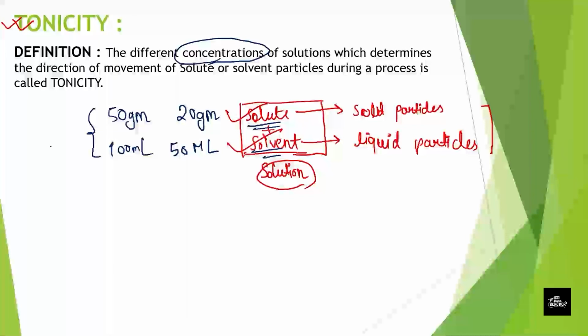If you remember the process of diffusion, it was a process in which substances were moving from the region of higher concentration to the region of lower concentration. This movement was possible because there was a difference in the concentration of both the mediums. That is what is tonicity. So tonicity tells us how and in which way the solute and solvent particles are going to move in a particular solution during any process. That is simply what is known as tonicity.